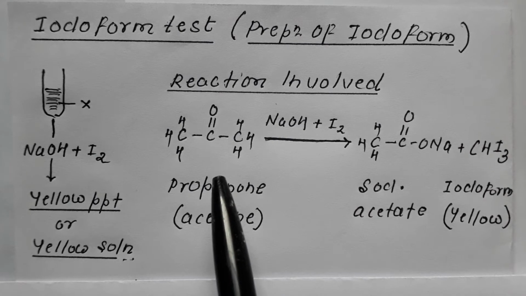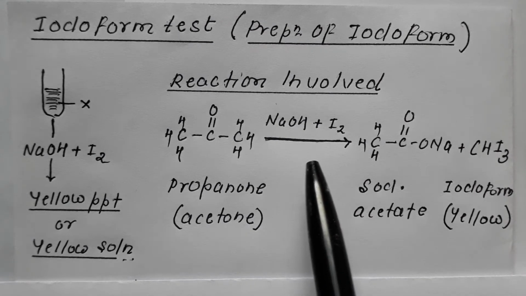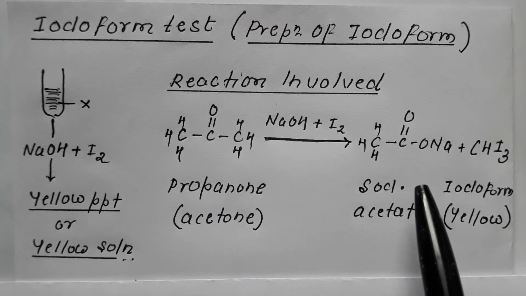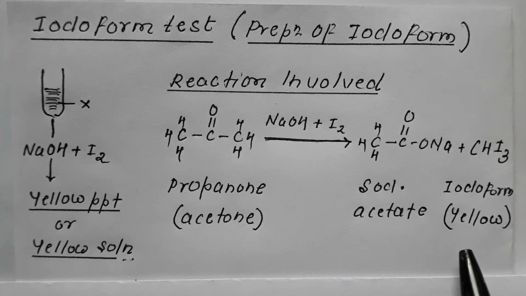So a compound like propanone, when made to react with a mixture of NaOH plus I2, gives a mixture of sodium acetate and iodoform. The yellow precipitate or yellow solution obtained is because of the formation of this iodoform.